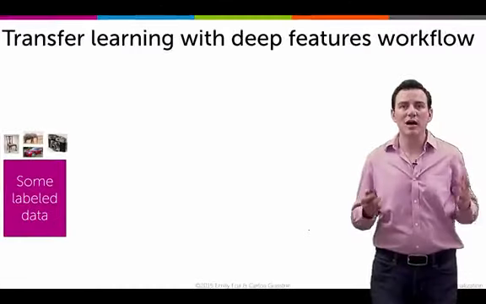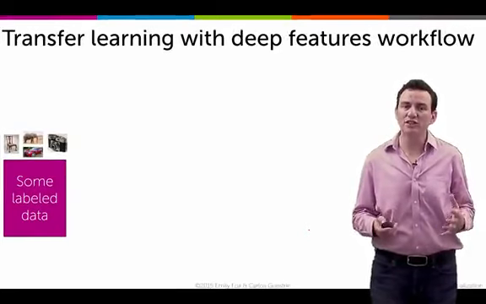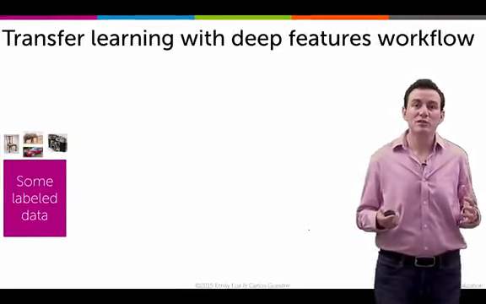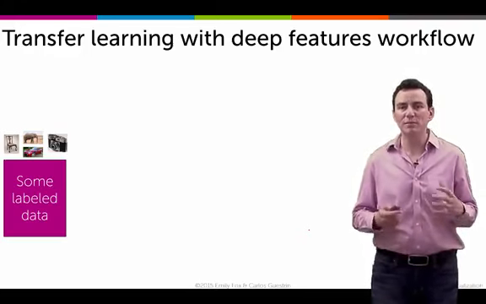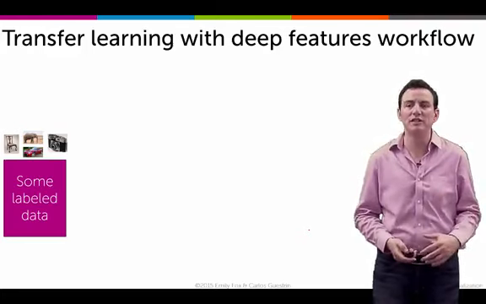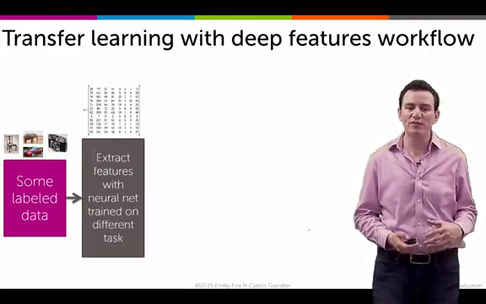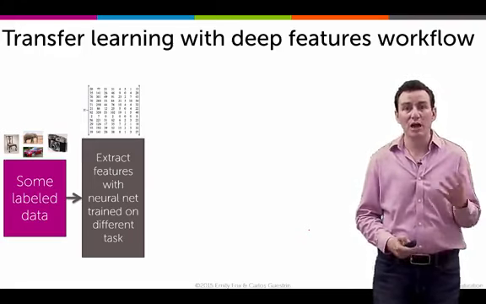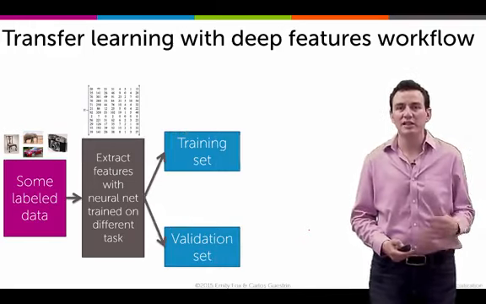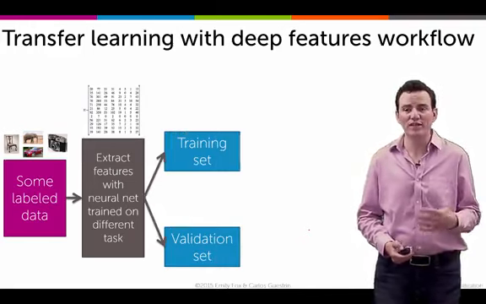So now that we learned about transfer learning, the concept, let's review that deep learning pipeline, but using these deep features. We're going to start with some labeled data, not tons, just a little bit is enough. And then I'm going to extract features using that deep neural network, just like we described. I'm going to split this data set into a training and test or validation set.